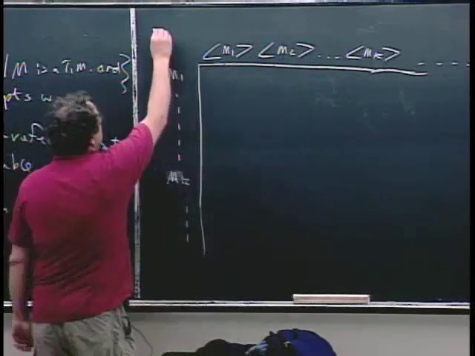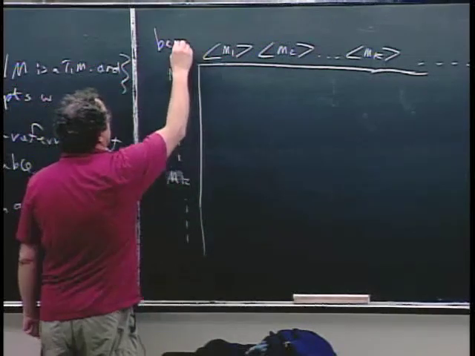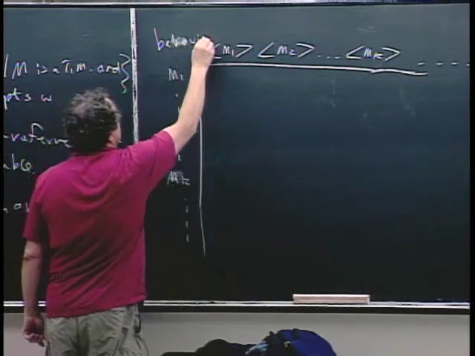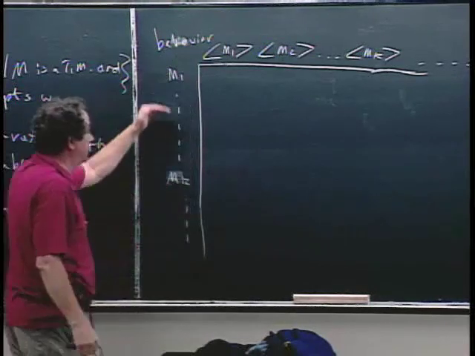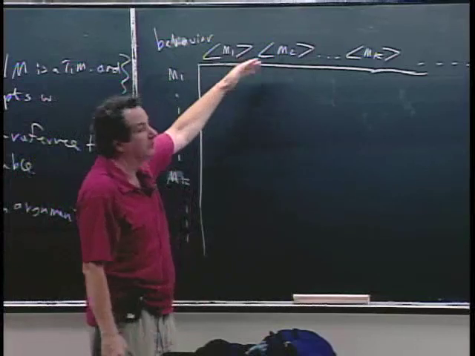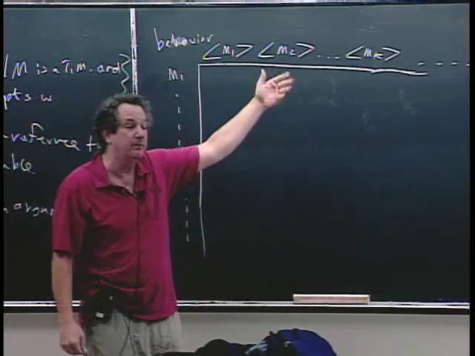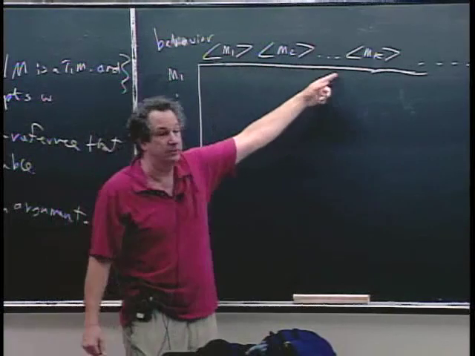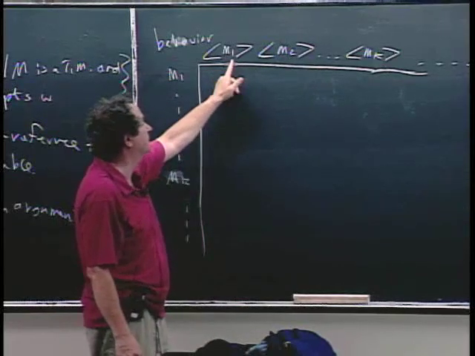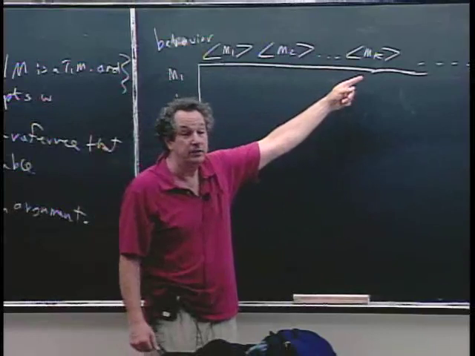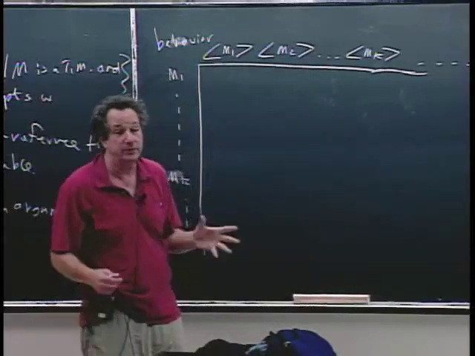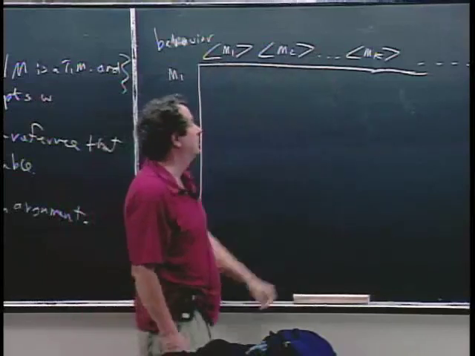And then what we want to put in the table is the behavior of these particular Turing machines on this particular input. So we don't have up here all possible inputs. When I did my diagonalization, I had all possible strings. But now what the book does is just restricts to those particular strings that are encodings of Turing machines. That's fine. This is enumerable, and you can do that.